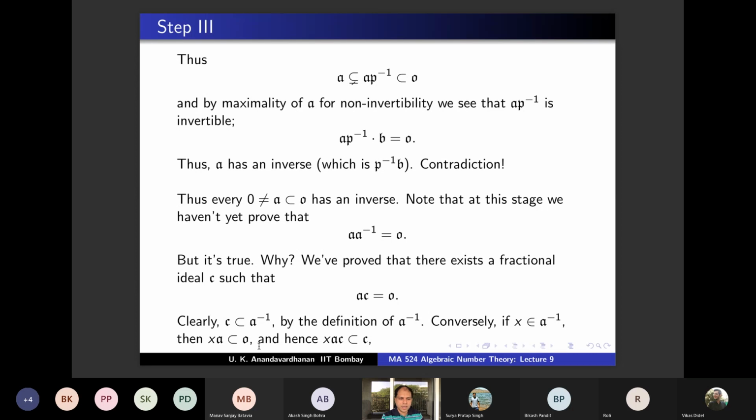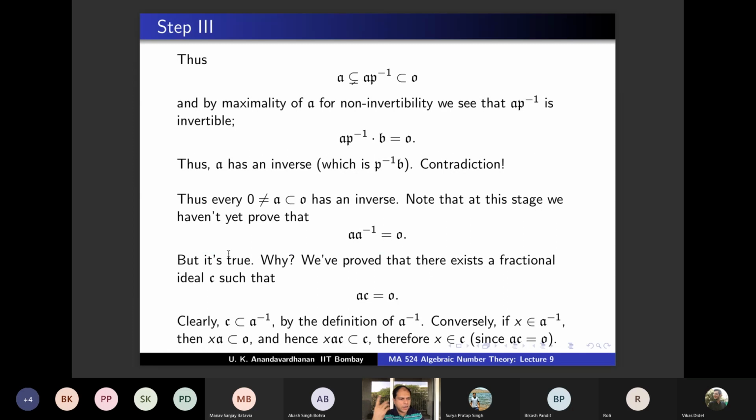So if you multiply by C, X times A times C is contained in O times C, but that is just C. So X times A times C is contained in C, but AC is O. So X times O is contained in C, in particular X belongs to C. So that's the other way. So A inverse is contained in C as well, and therefore C is actually equal to A inverse.